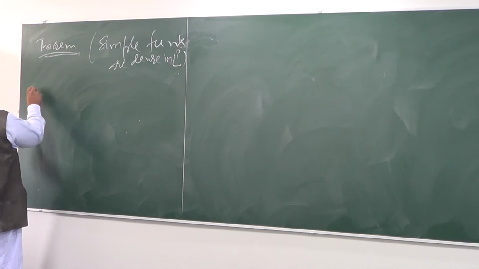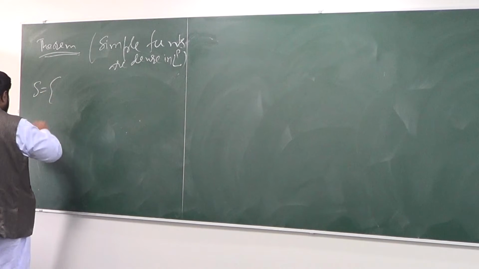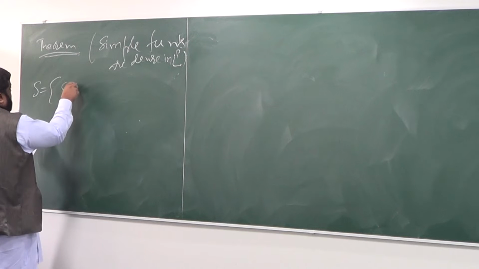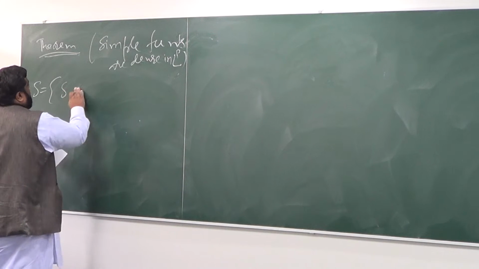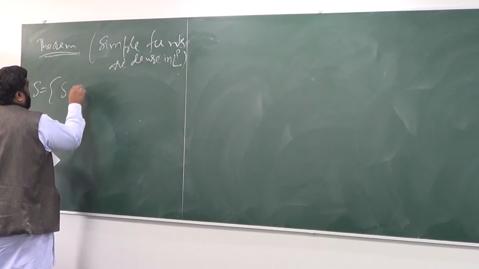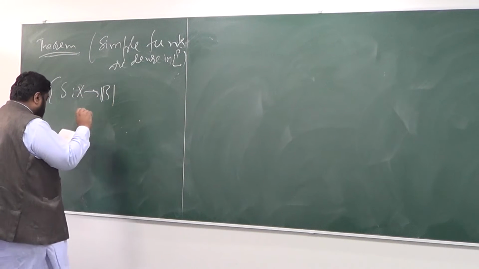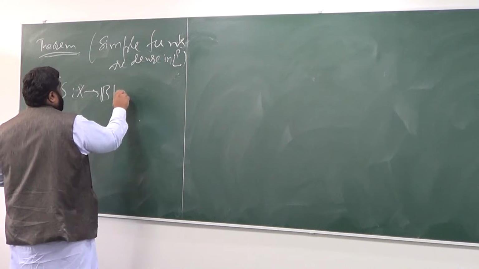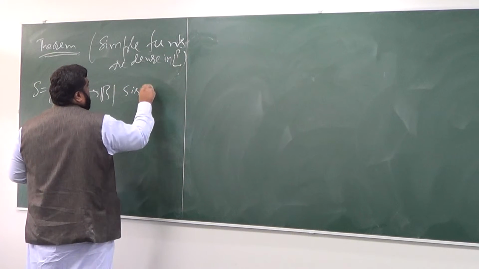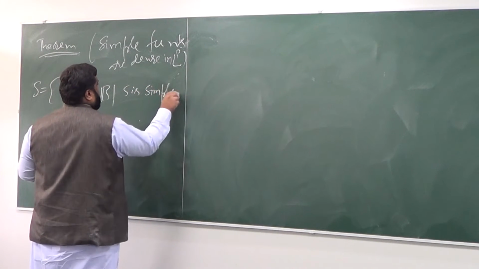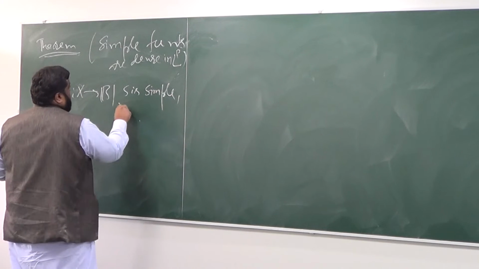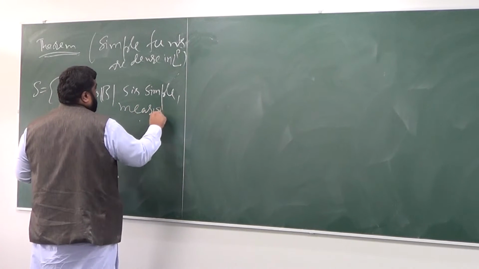So the theorem says: consider a set S that is a collection of the maps from X into R or maybe C, doesn't matter, that are simple, and obviously you want them to be measurable.